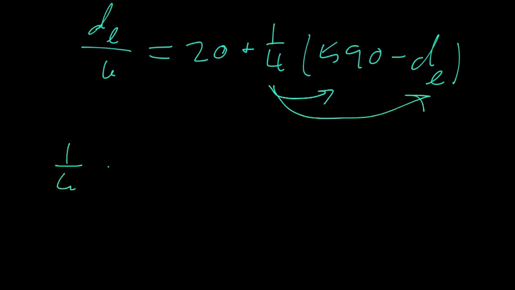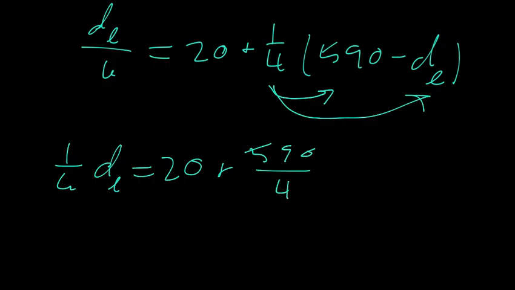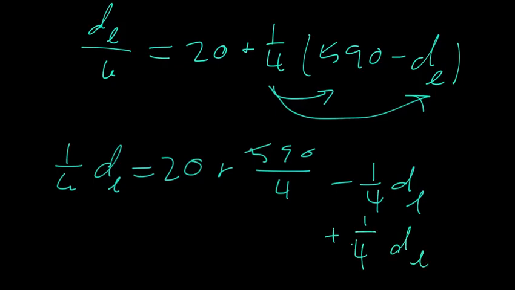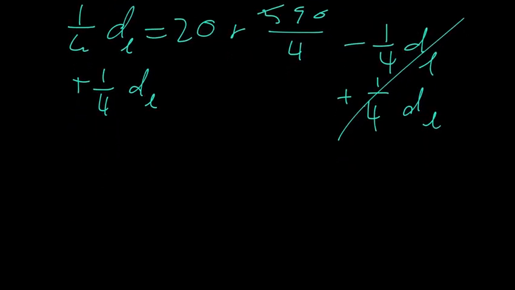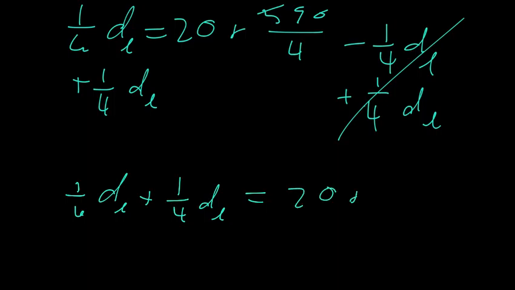So we have 1/6 d sub L equals 20 plus 590 over 4 minus 1/4 d sub L. Now I'm going to add 1/4 d sub L to both sides, and the d sub L cancels on the right. You're left with 1/6 d sub L plus 1/4 d sub L equals 20 plus 590 over 4.